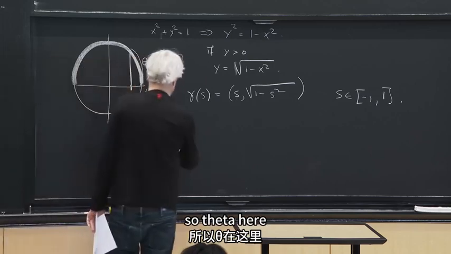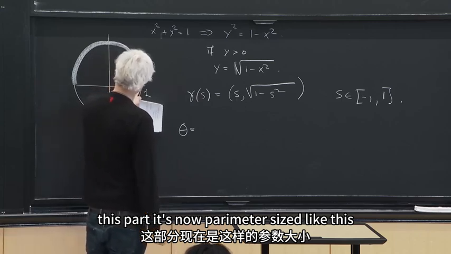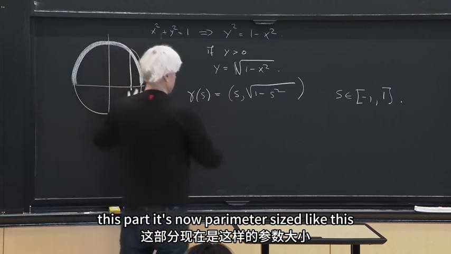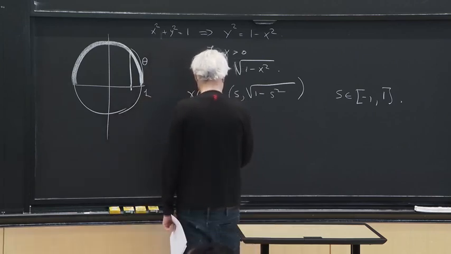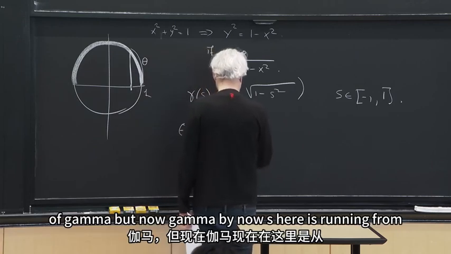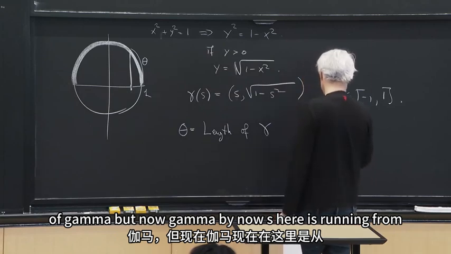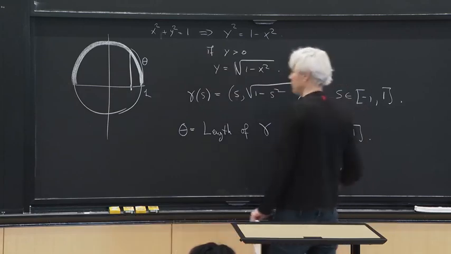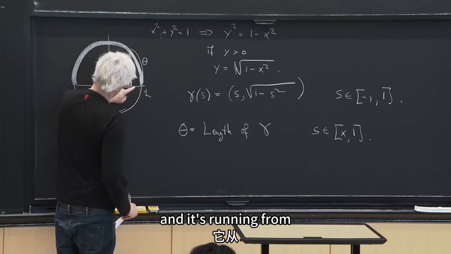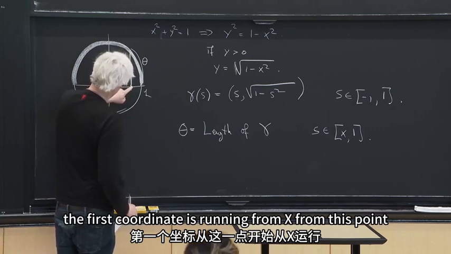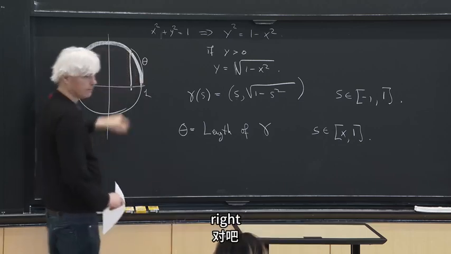So theta is equal to the length of gamma, but now s is running from x to 1, because x is the first coordinate, and the first coordinate is running from this point x to 1, right?